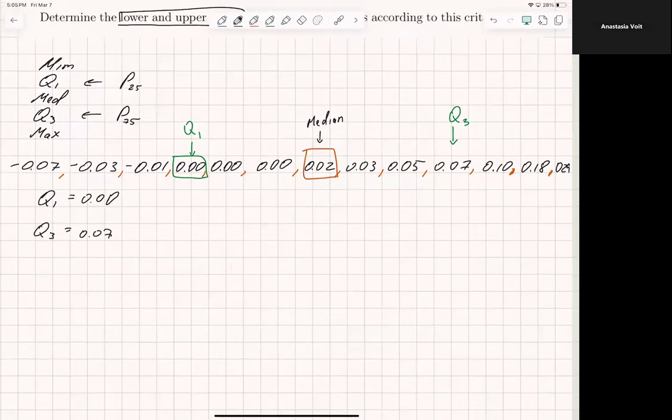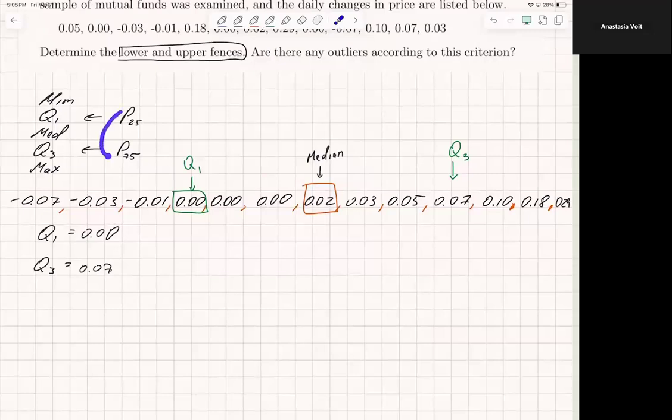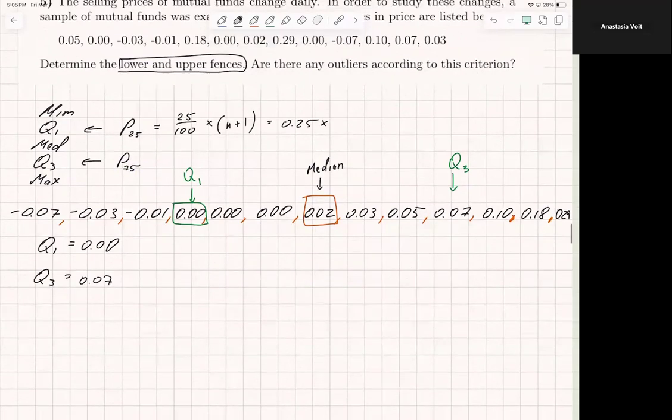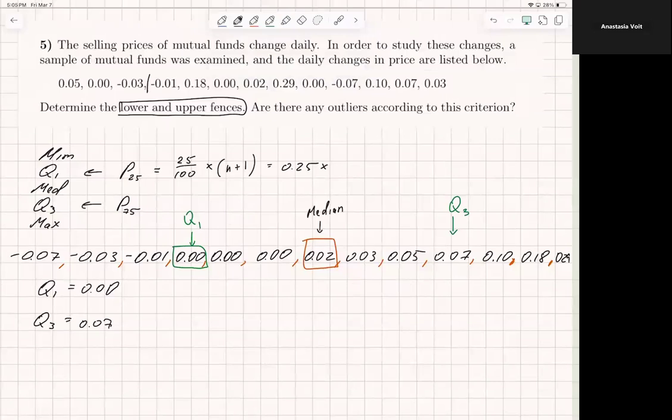Now, you can calculate it the same way using this formula. We would have 25 divided by 100 times n plus 1. So we have 0.25 times, how many values we have total? 3, 6, 10, 13, right?